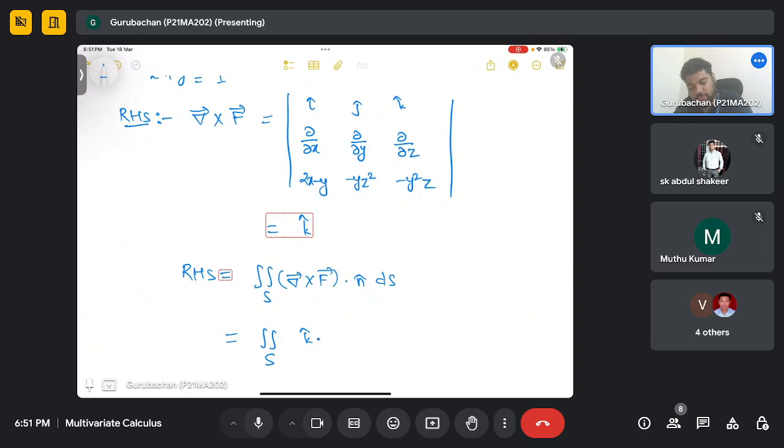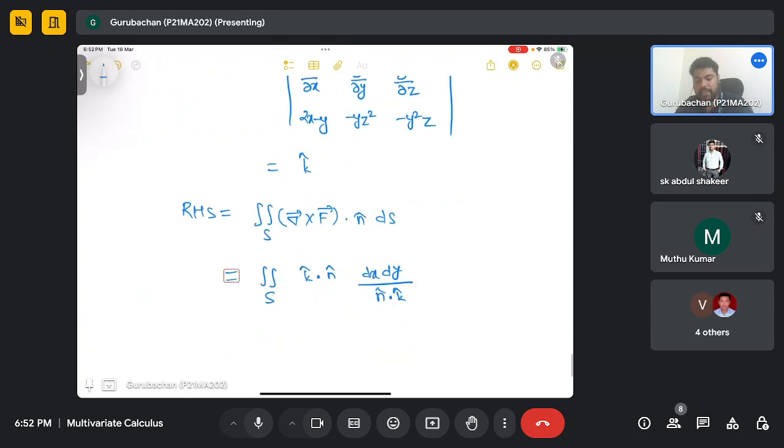K cap, we know that, and this is n cap. Now you know that if you take the projection over xy, this will be nothing but n cap dot k cap. Can these quantities differ, or are they commutative with dot product? They are commutative with dot product, so you can say that this is a scalar number, so you can cancel it out.